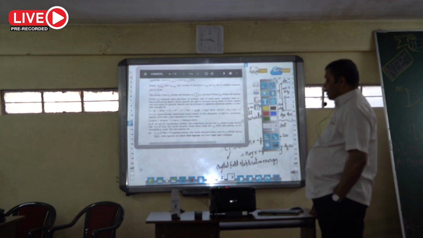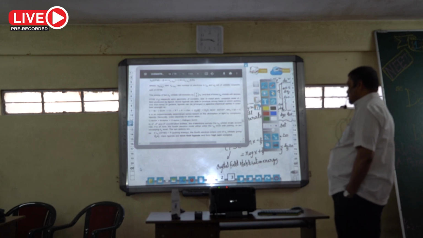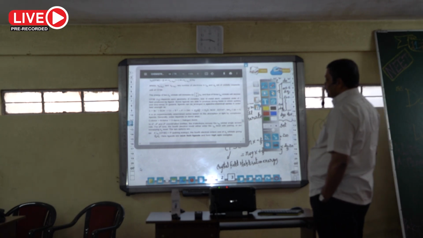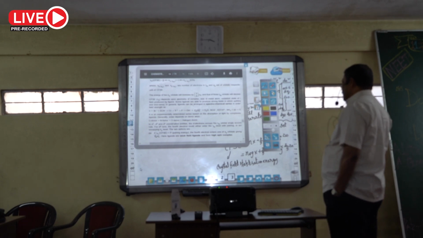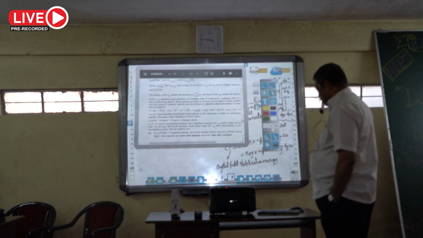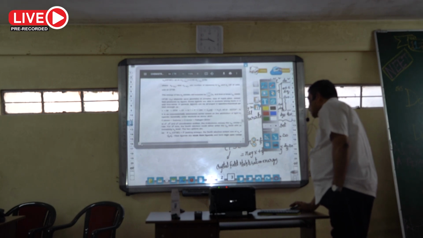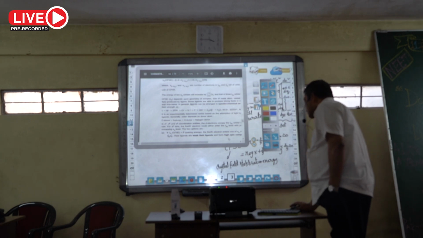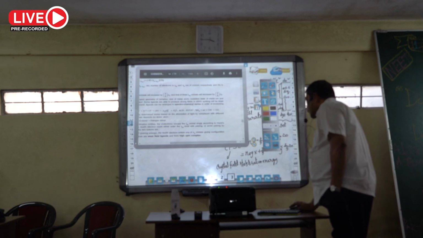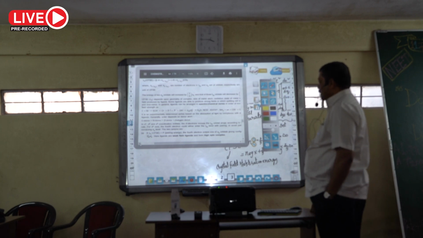And for d4 ions, the fourth electron could enter the t2g level with pairing, or the eg level.